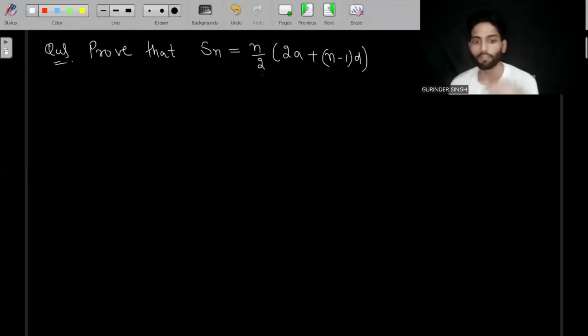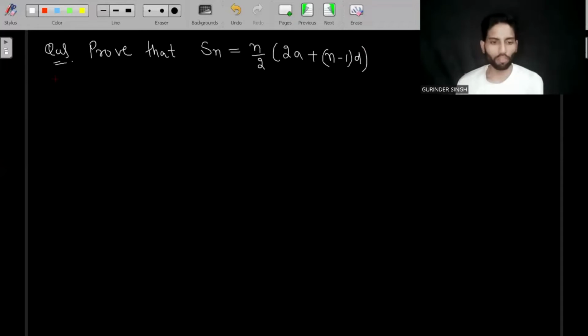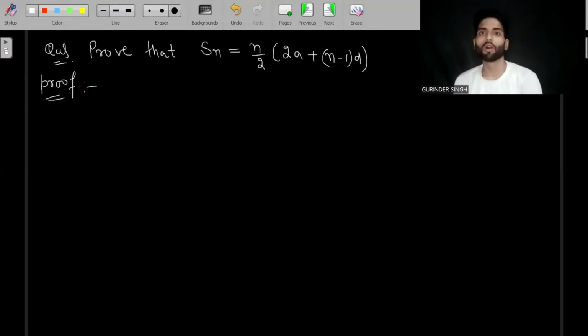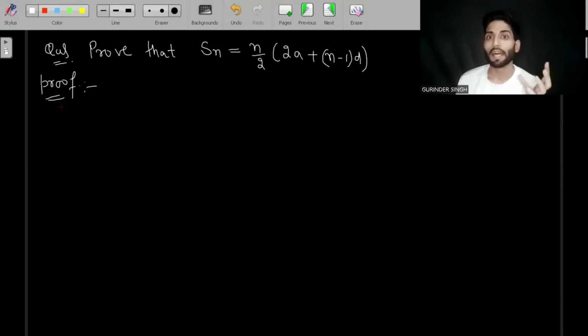We have to prove this formula. So let me start the proof. How do you start the proof? First of all, what is Sn? Sn is the summation of the first n terms of an AP.